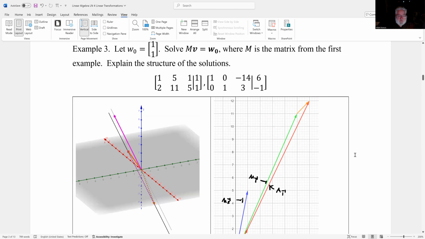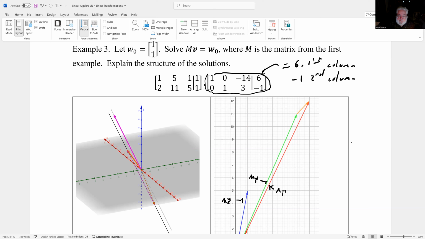So the reduced row echelon form, that's this, tells me that the last column is equal to 6 times the first column minus 1 times the second column. Right? So 6 times this column plus minus 1 times that column. And that will give us the solution to this equation.